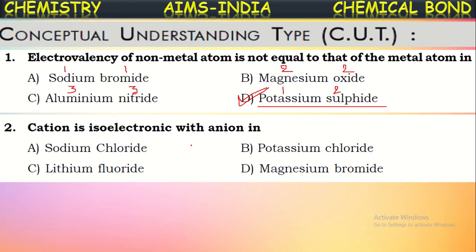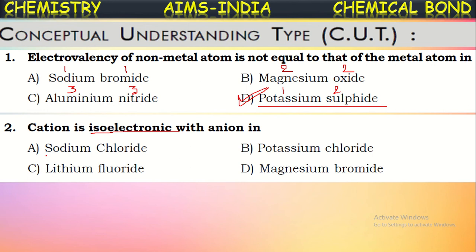Cation is isoelectronic with anion in. See, both should have the same number of electrons. We know what is the meaning of isoelectronic: the ions, atoms or molecules which have the same number of electrons are called isoelectronics.